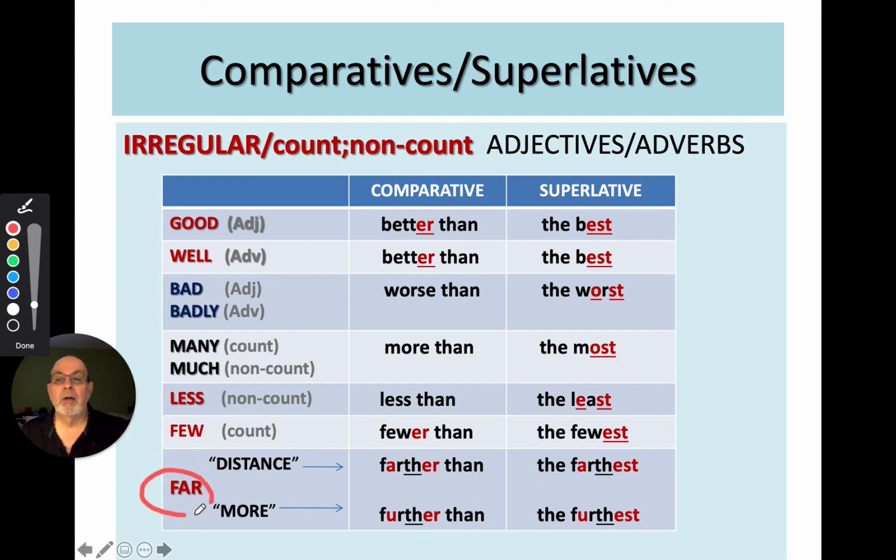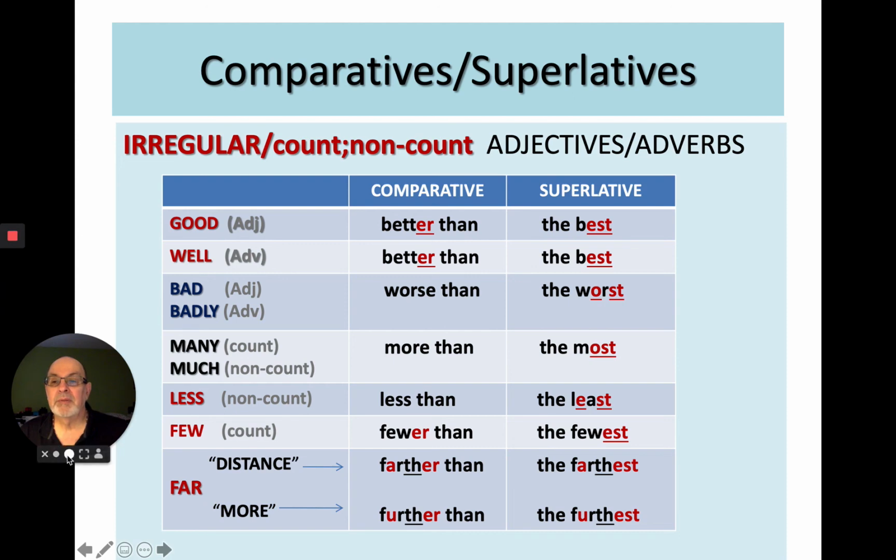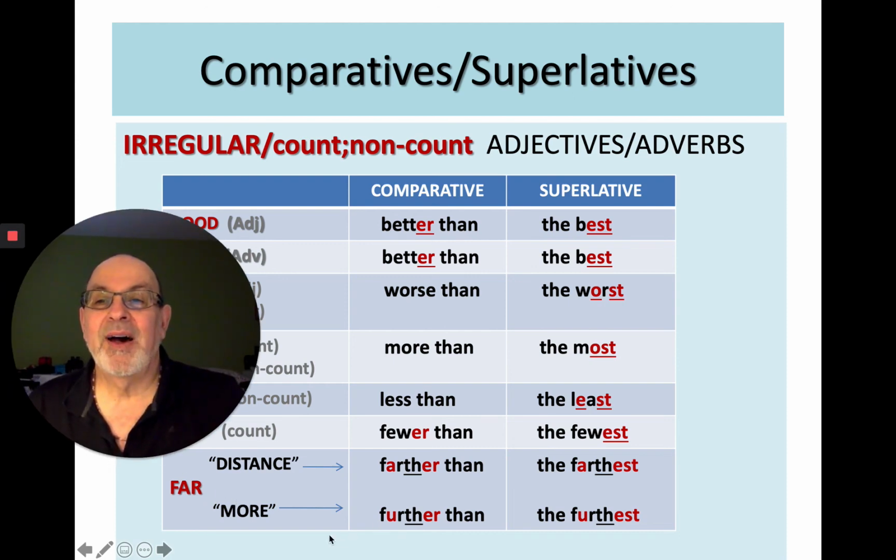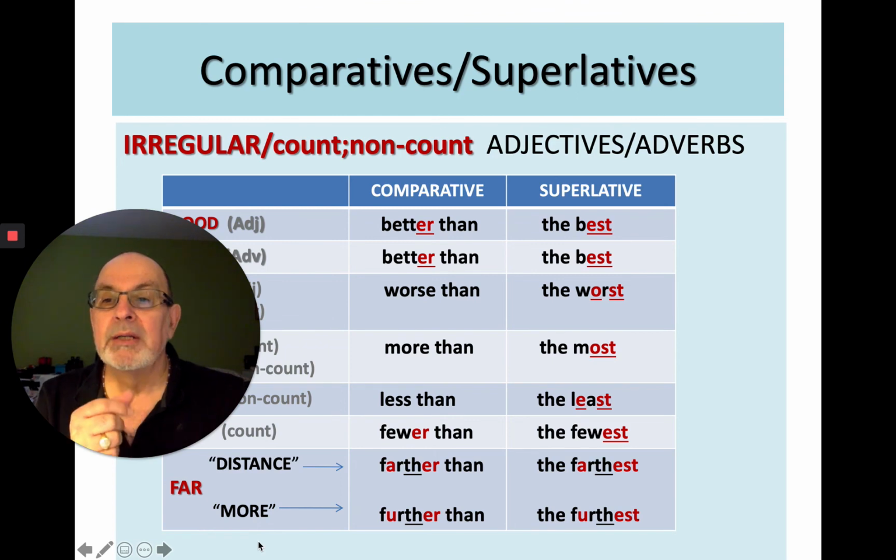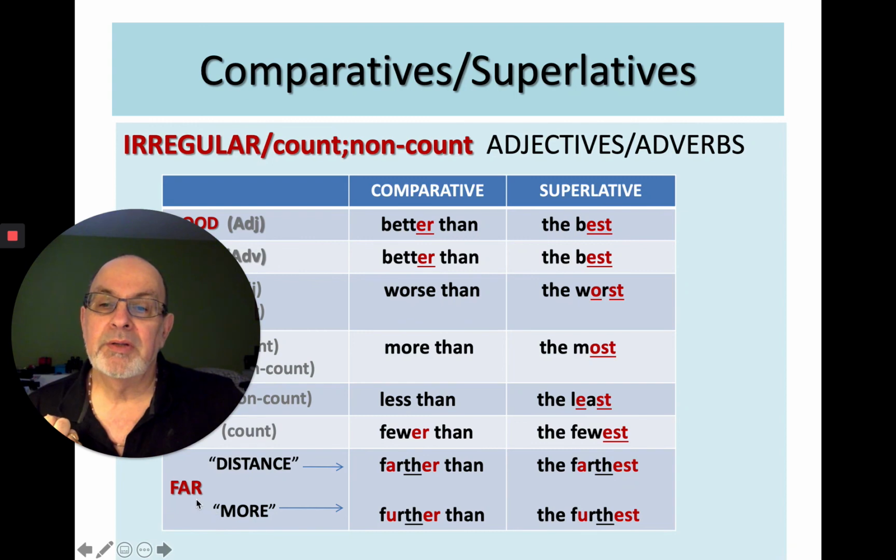The word far is a victim because normally I'm just going to add -er. Unfortunately, if I add -er and I try to pronounce this, I have a problem, simply because if I say farer, farer sounds like I had a few shots of whiskey before I went to talk to you, and all English people have this problem. So farer sounds bad because I'm trying to use two R's in the back of my mouth together, and it's a problem.